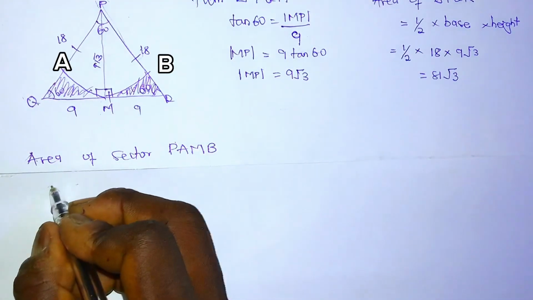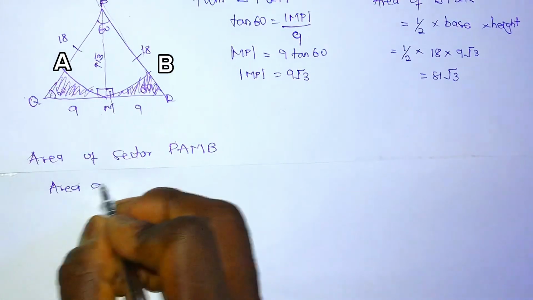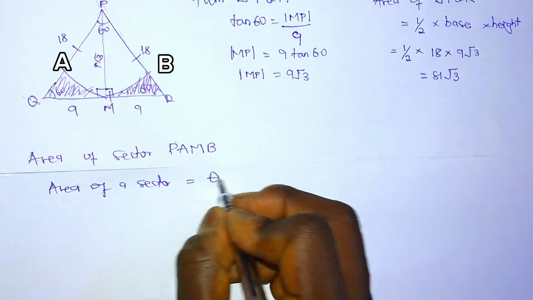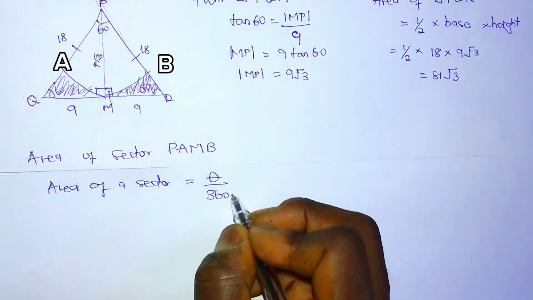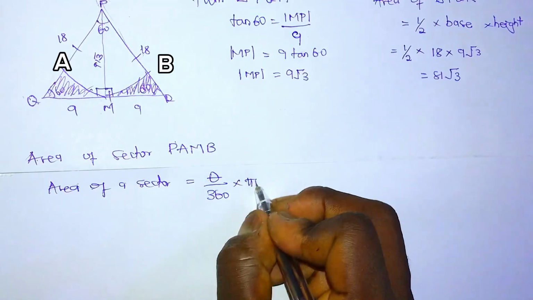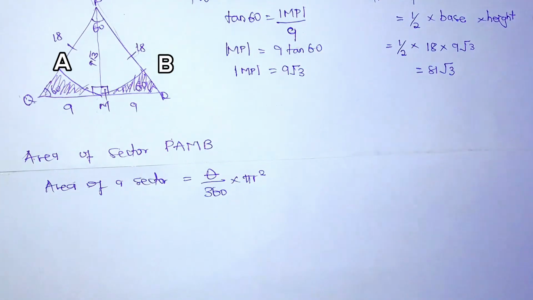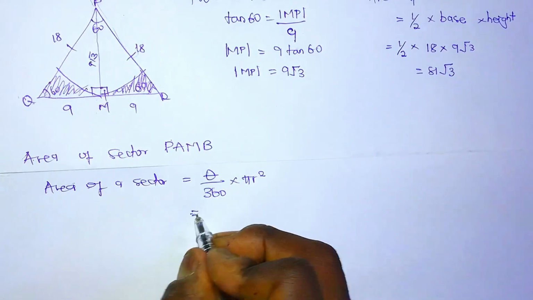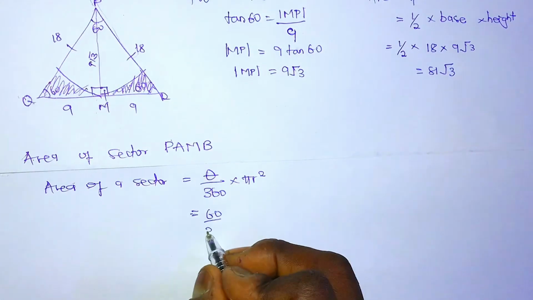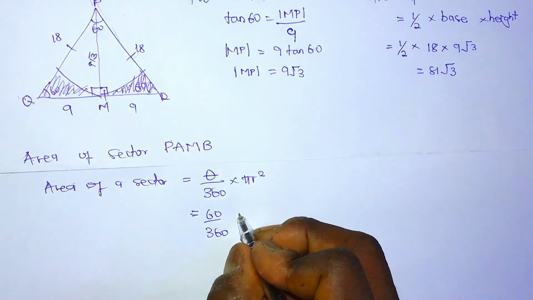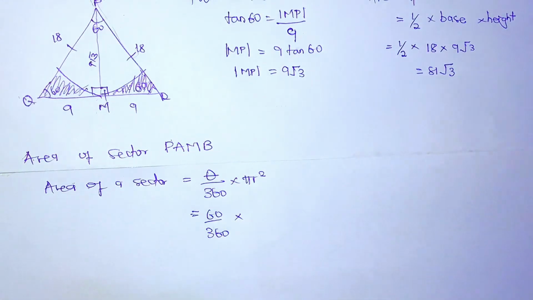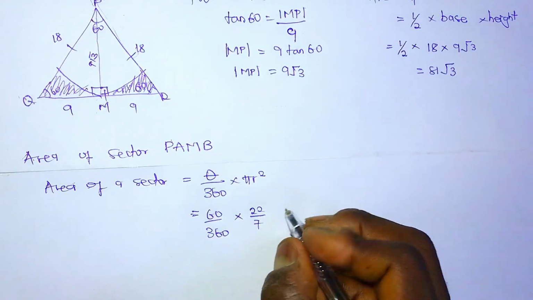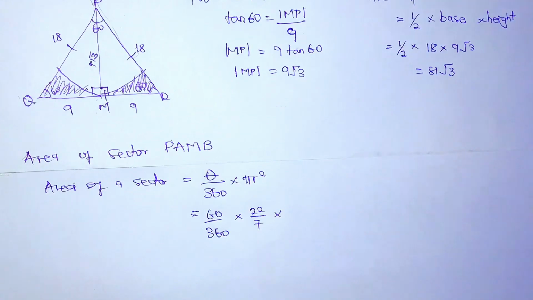Now we know area of a sector to be equal to theta over 360 times pi r squared. Okay, now we know theta, which is the angle, to be 60 degrees. So this is 60 over 360 times pi, which is 22 over 7, times the radius.